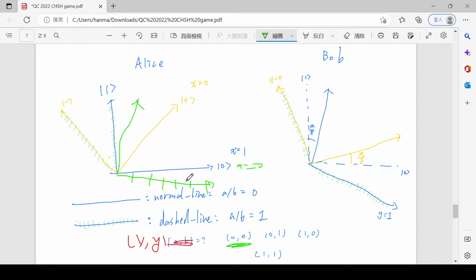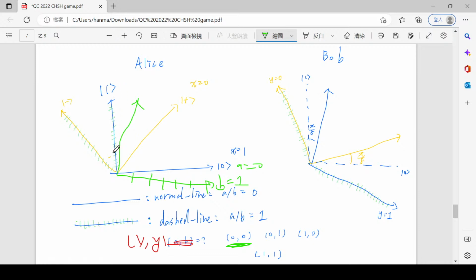Then with high probability, since Alice gets 0, she will project Bob's state into 0. But Bob is measuring this slightly off basis, so Bob has high probability to get this outcome. On this outcome, Bob will say B equal to 1.